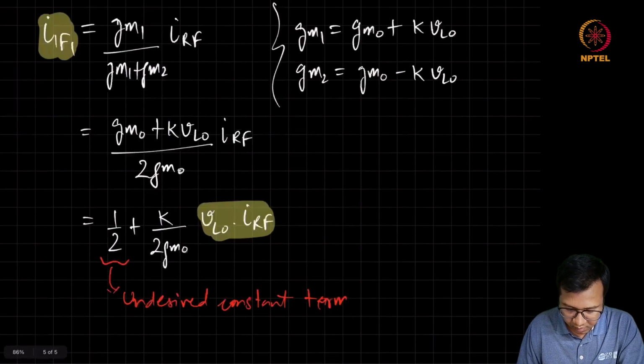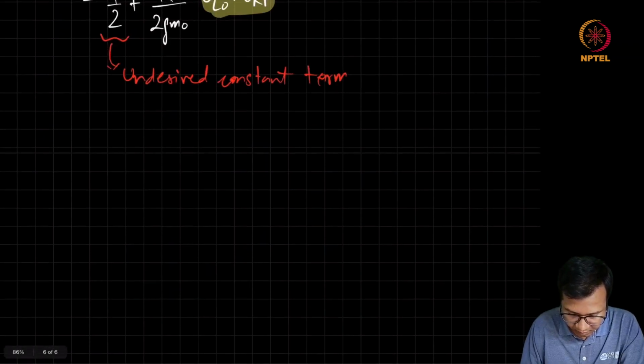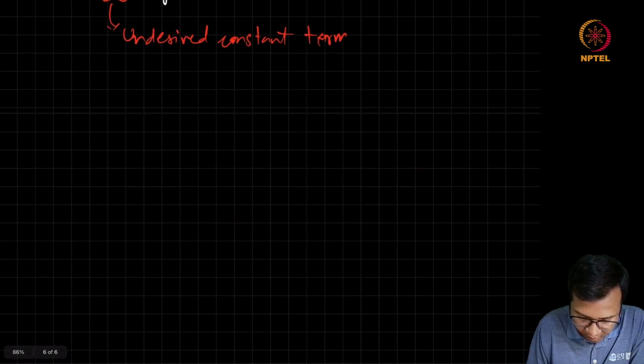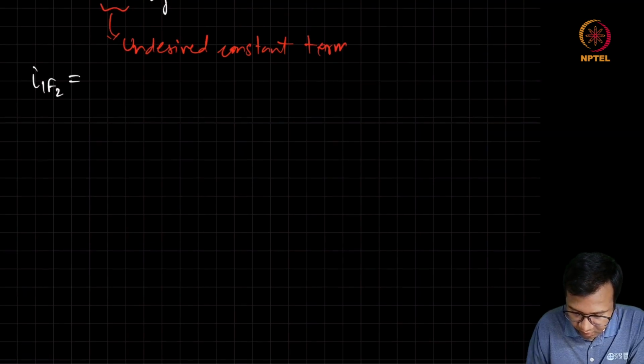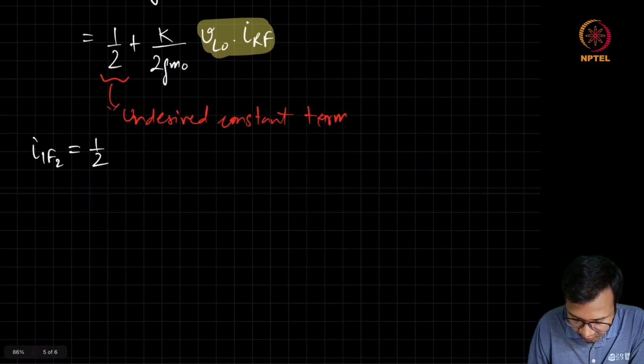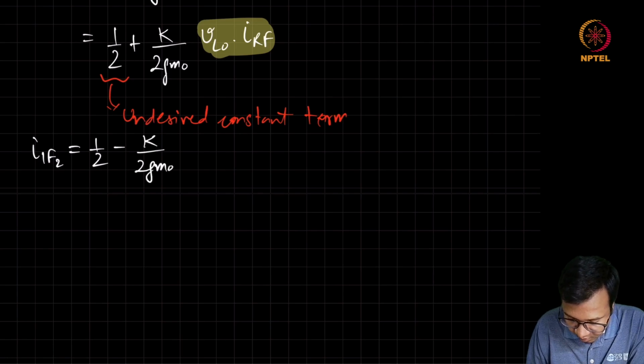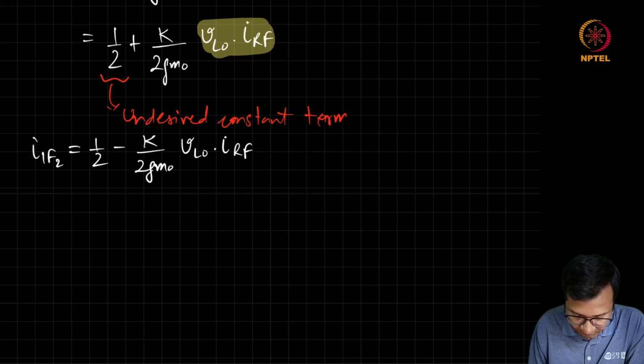So I can quickly write down IIF2 as half minus K by 2GM0 VLO into IRF.